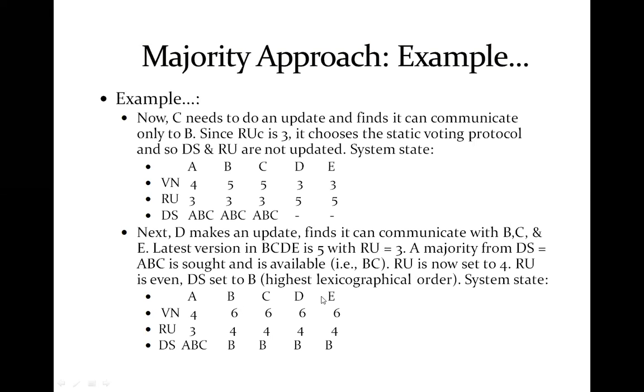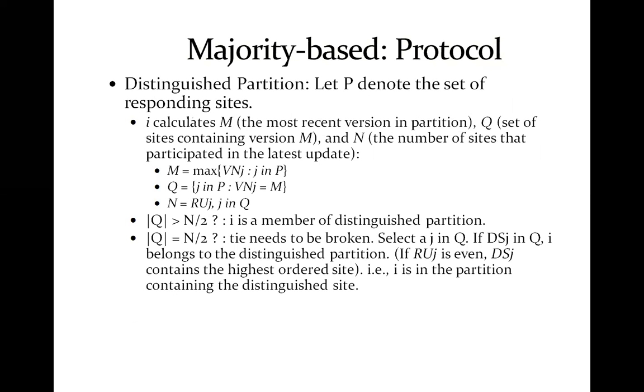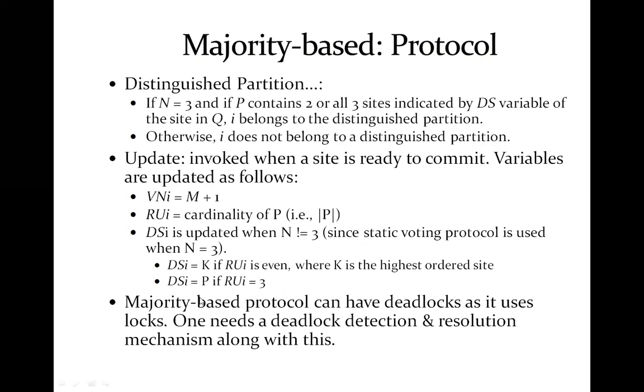BCDE has 4 sites. Since 4 sites are participating, the number of replicas updated will be 4. And since this RU value is even, what will happen when RU is even? When RU is even, DS is equal to K, where K is the highest order site.